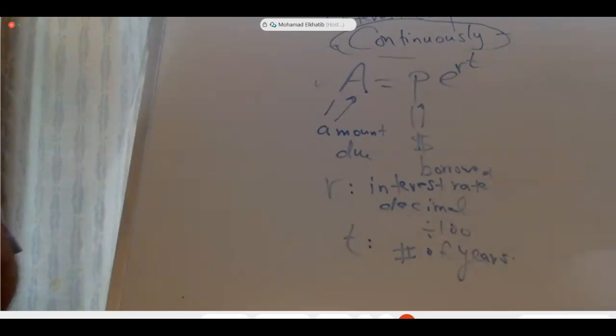Whenever the interest is compounded continuously, this is the formula we're gonna be using here.